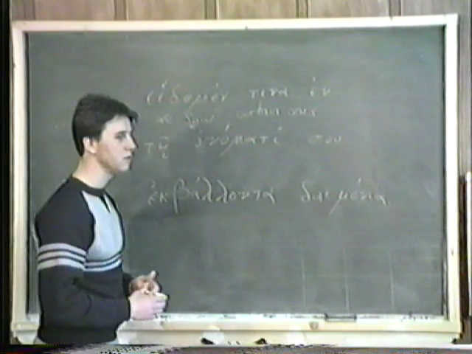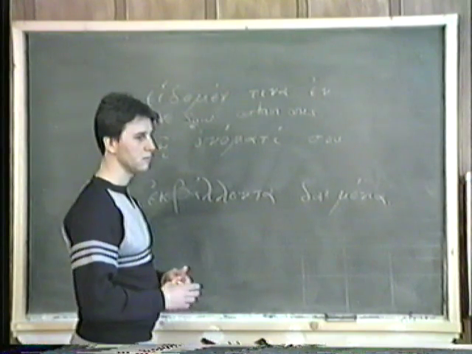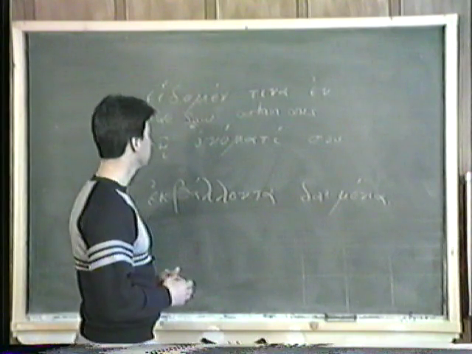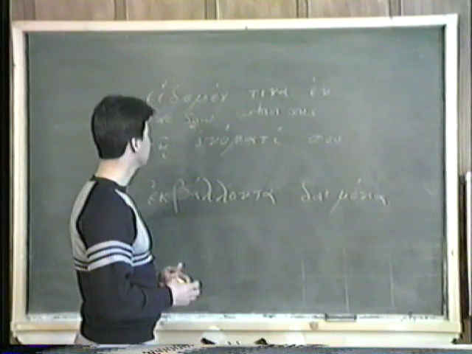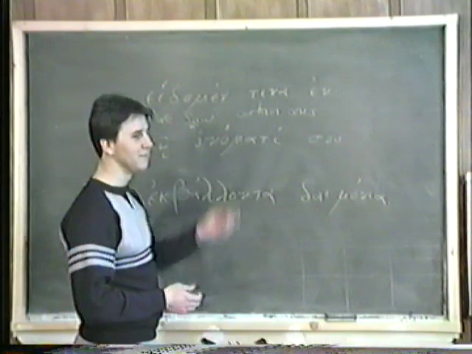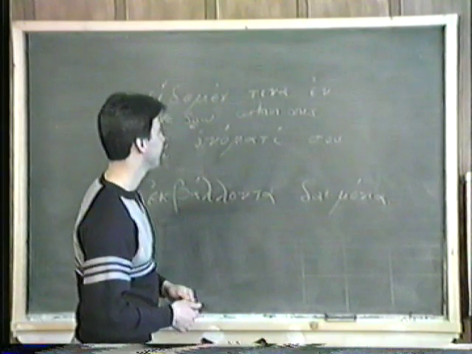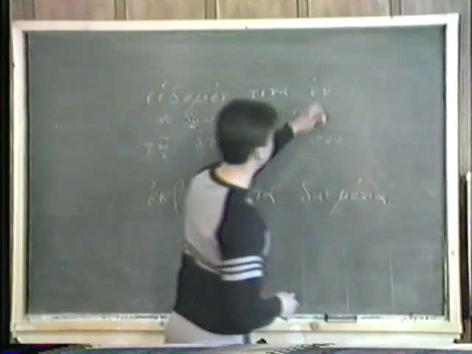It's a prepositional phrase. Well, it's a preposition, but it introduces a prepositional phrase. And what's the meaning for epsilon nu? In. Yeah, all right. Epsilon nu is in, all right? Just put that down and see where we're going to go.